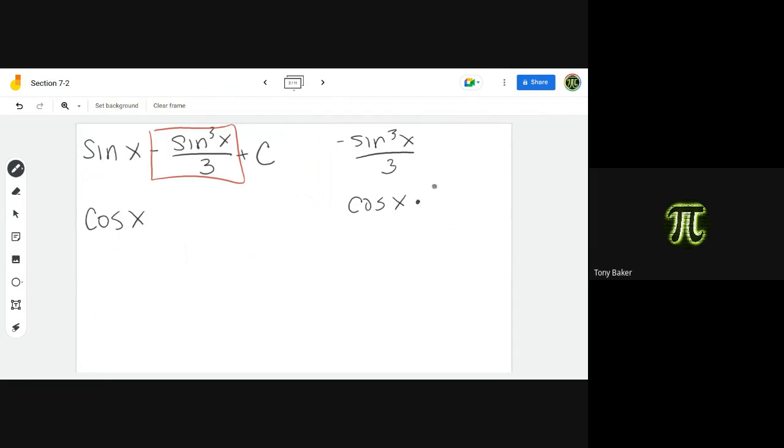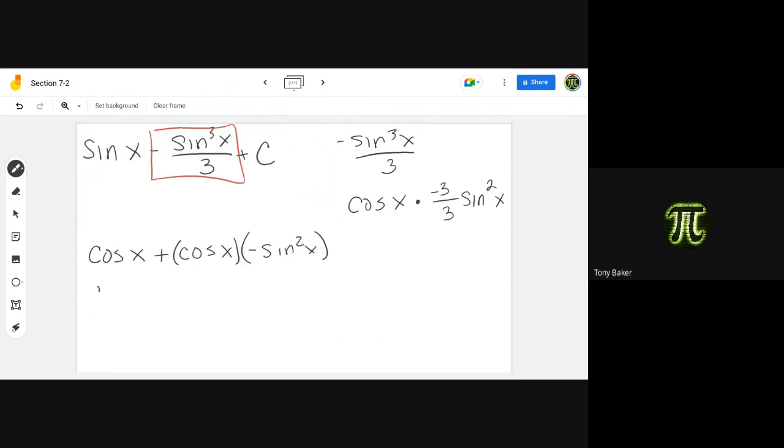And that's going to be times, then we're going to bring down the 3. So I get negative 3 over 3 sine squared x. So I have cosine x plus cosine x times negative sine squared x.